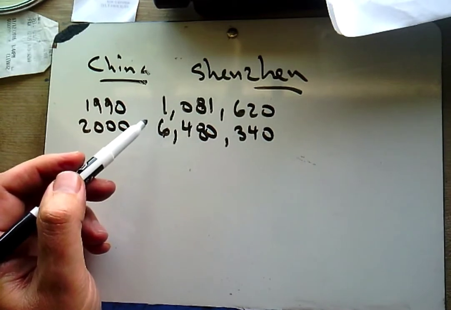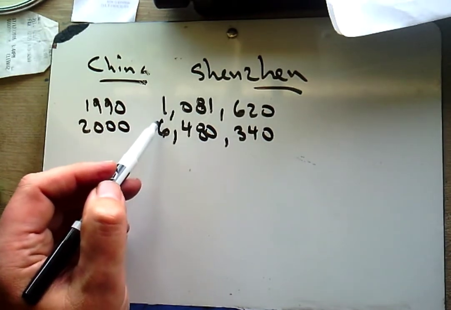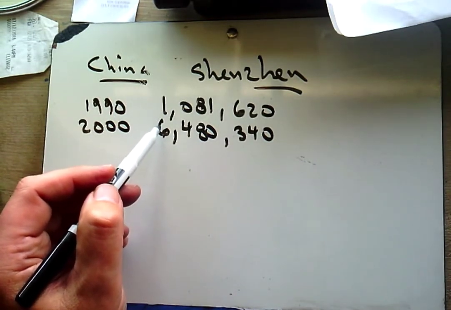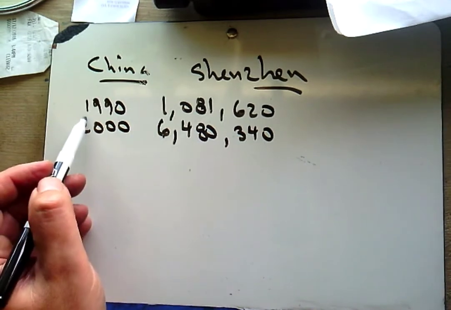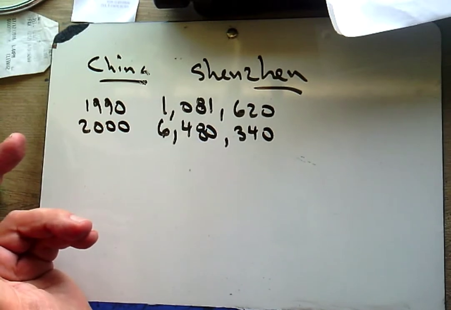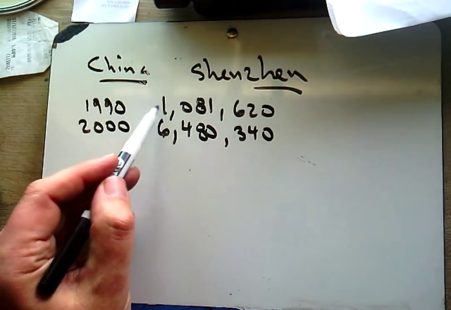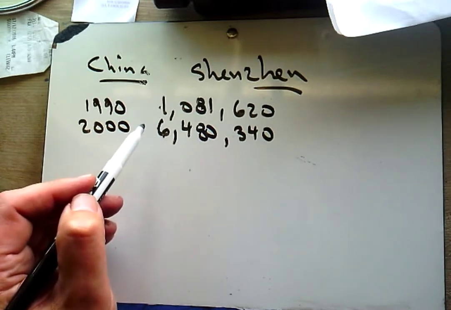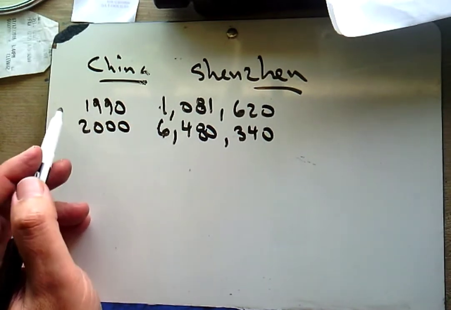I'm sorry, the population grew by 5 million in 10 years. Tucson is just barely at a million now. Can you imagine adding 5 million in only 10 years?